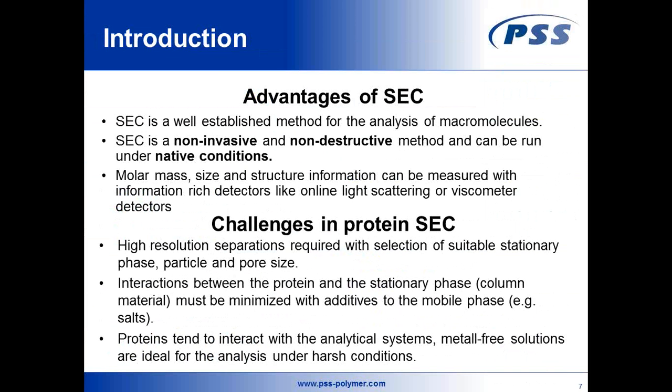You can apply native conditions and, if you find the right stationary phase, measure your proteins under native conditions, and you can find out if your protein is a monomer, a dimer, a trimer, or even higher in terms of aggregation.